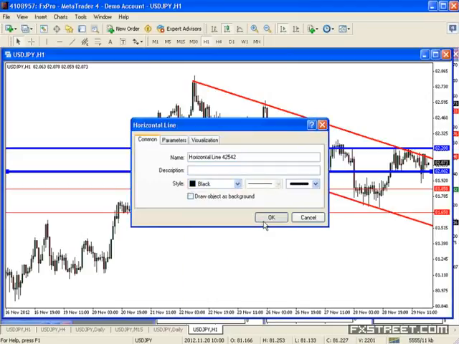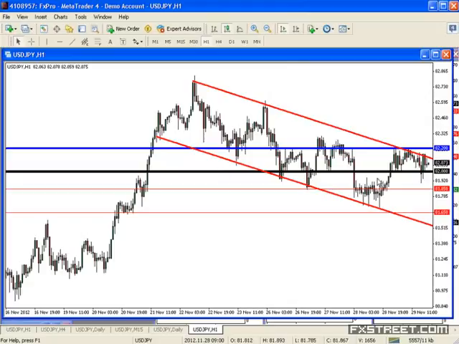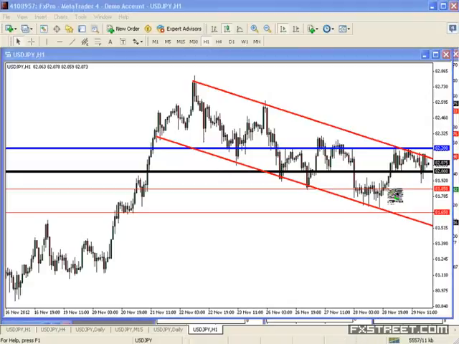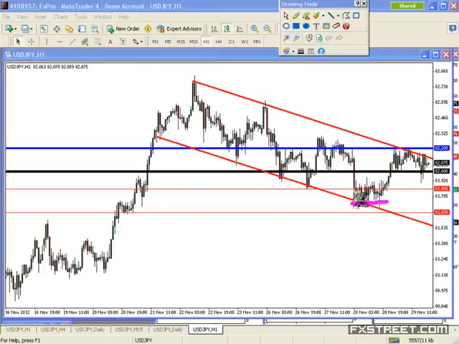All things being equal, given the possibility of a continuation pattern here, given the bounce at this important 81.75 area, given the higher low there, and given the previous move up sparked by the prospect of the Bank of Japan eventually becoming a lot more dovish, a lot more aggressive in its monetary policy easing.